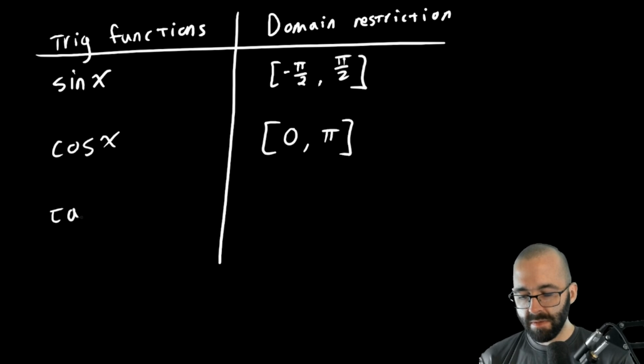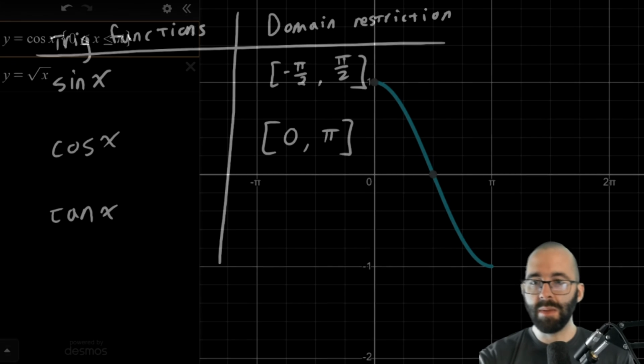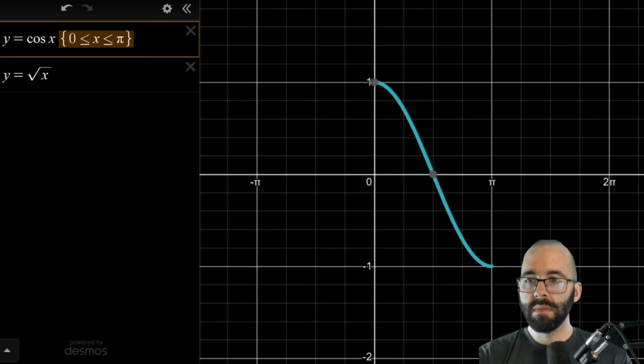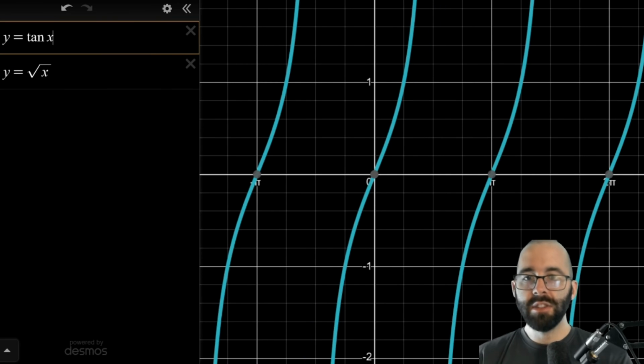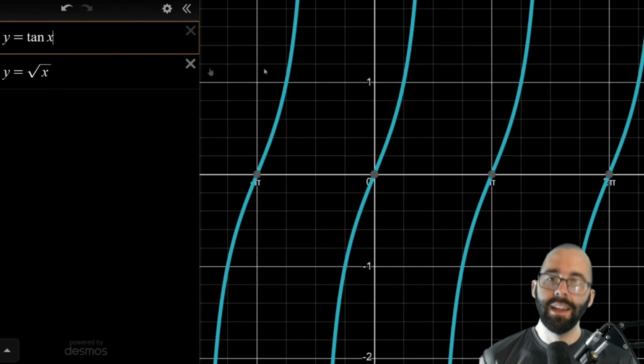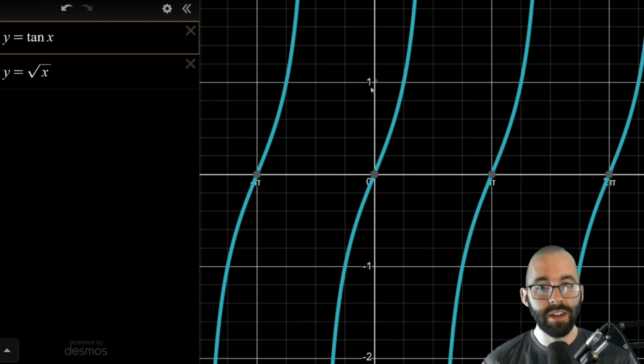And then tangent. Let's look at the graph of tangent and do the same thing. Tangent of x fails the horizontal line test. But notice if we just look at a single piece of tangent, each one of these pieces passes the horizontal line test.